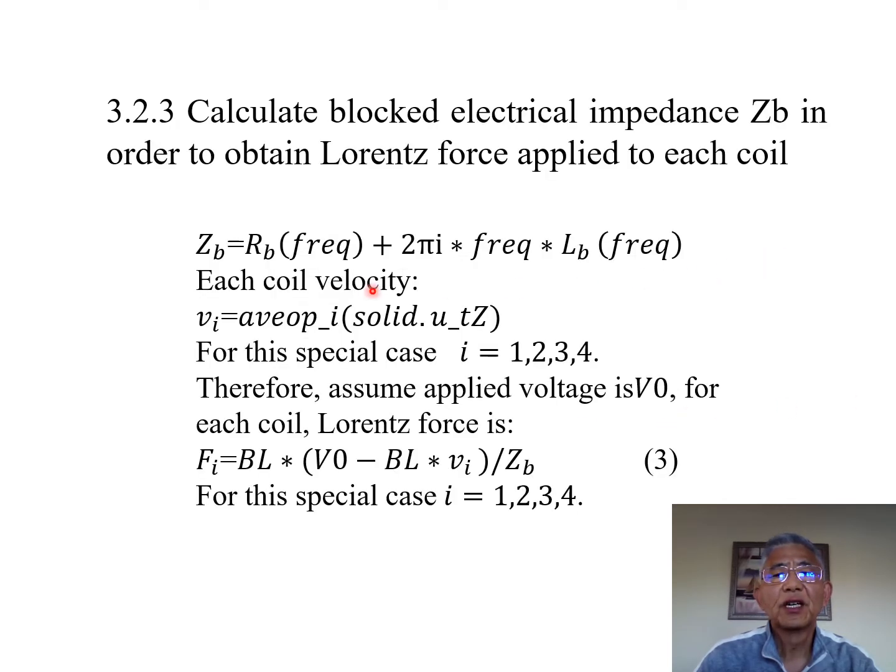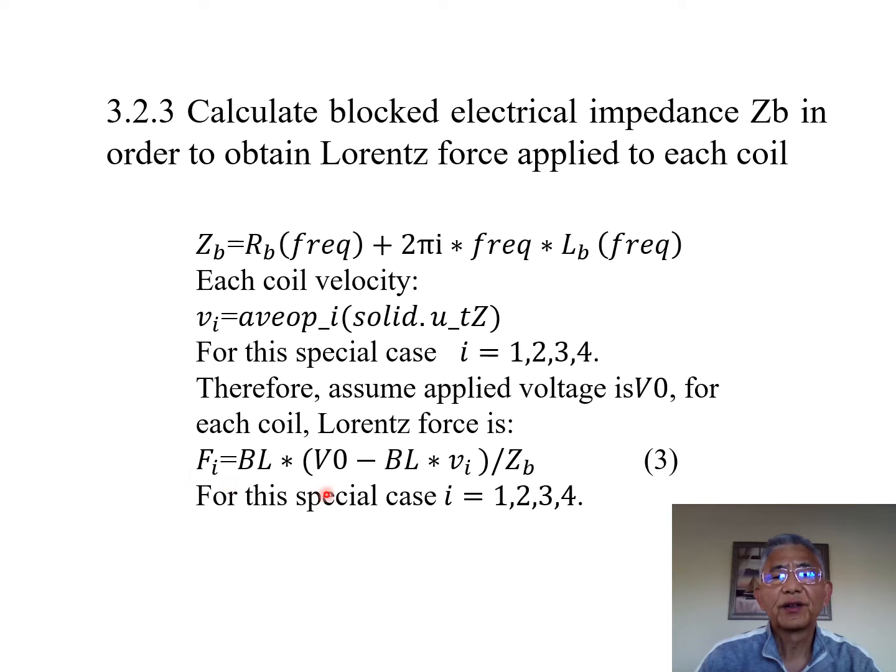After we get the coil resistance and coil inductance, we can calculate the blocked electrical impedance Z sub B. Then using Z sub B, we can calculate each coil's Lorentz force.